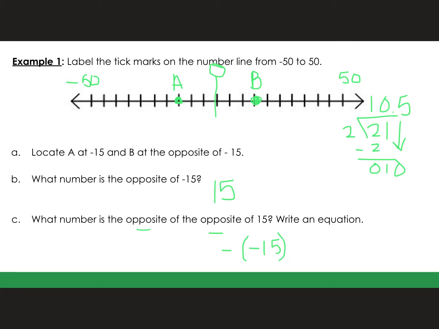And the opposite of negative 15 is the negative of negative 15, which is 15. So anytime we take the opposite of a negative, or the opposite of an opposite, it's going to be a positive number.